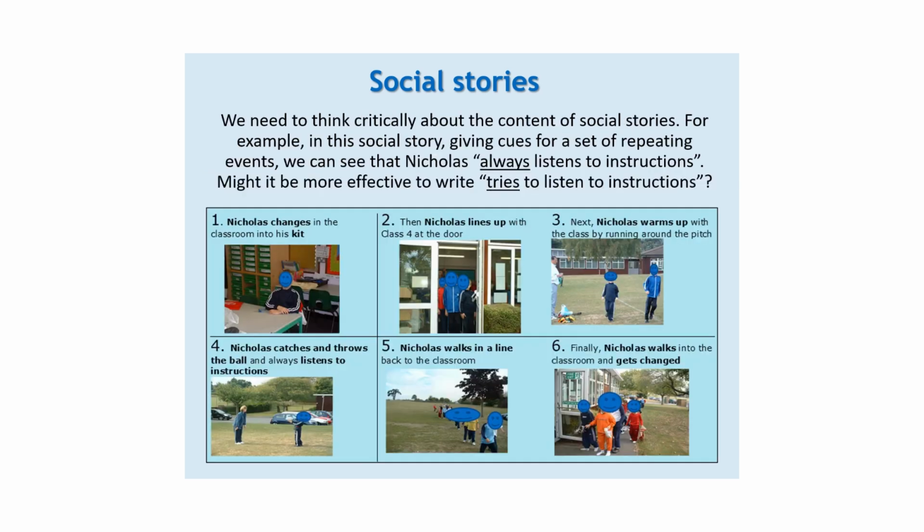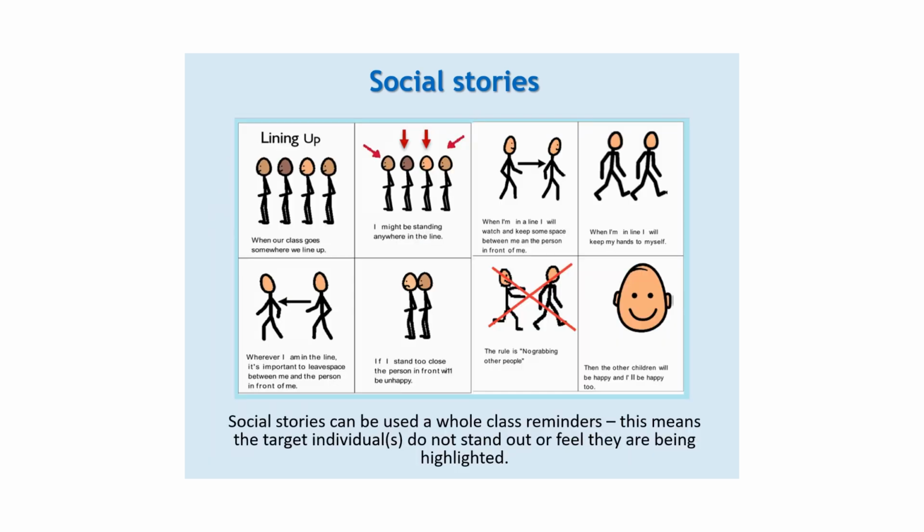We need to think critically about the content of social stories. For example, in this social story, giving cues for a set of repeating events, we can see that Nicholas always listens to instructions. Might it be more effective to write tries to listen to instructions? Social stories can be used as whole class reminders.